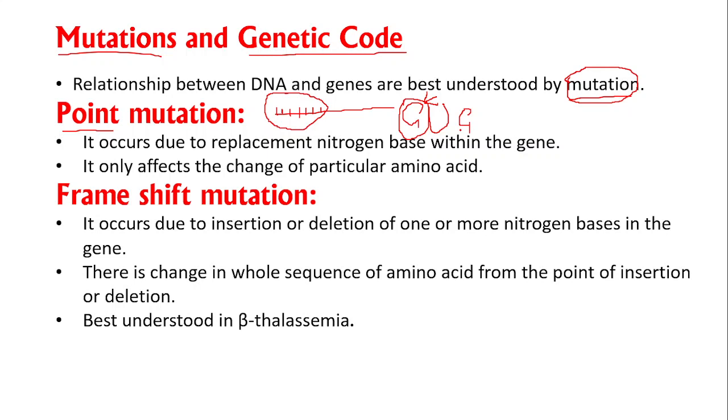If the mutation occurs due to replacement of a nitrogenous base within the gene, then it is called point mutation. It only affects the change of that particular amino acid, but it will not affect the complete mRNA, only that particular codon.